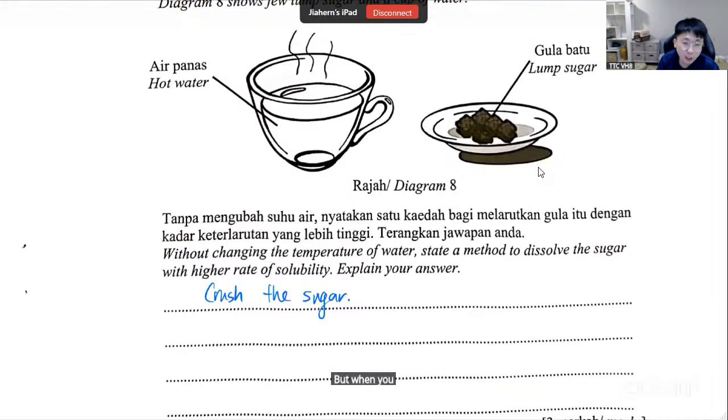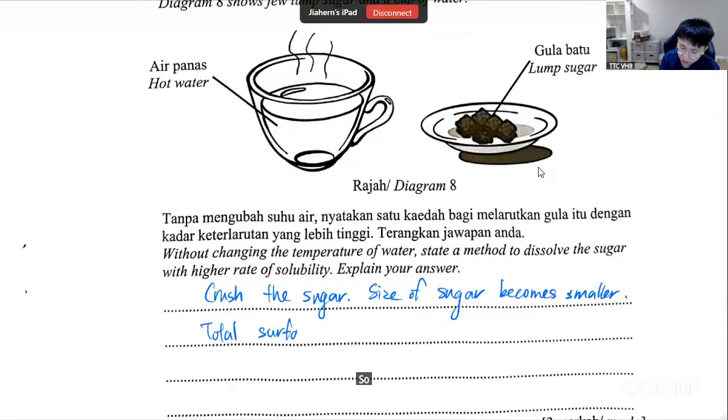But when you explain why crush the sugar, you can say the size of sugar becomes smaller, then total surface area of small size sugar exposed to water is larger.